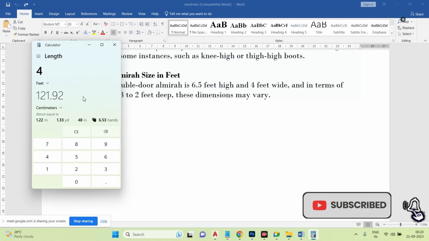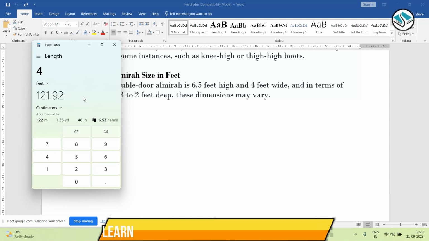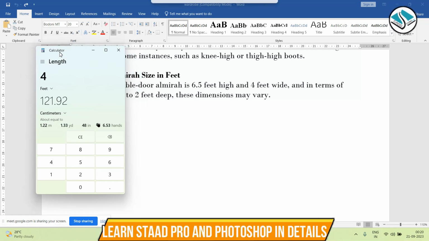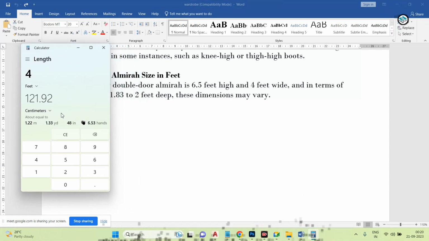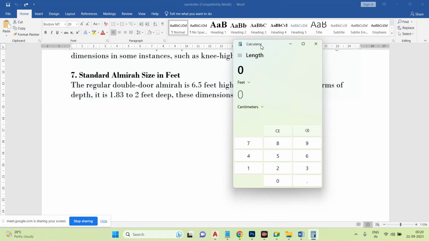And 4 feet wide, which means 120. And depth, the same depth, 60 centimeter, which I told you last time. The depth is common. Every wardrobe depth is common. Just remember this point: every wardrobe depth is 60 centimeter.